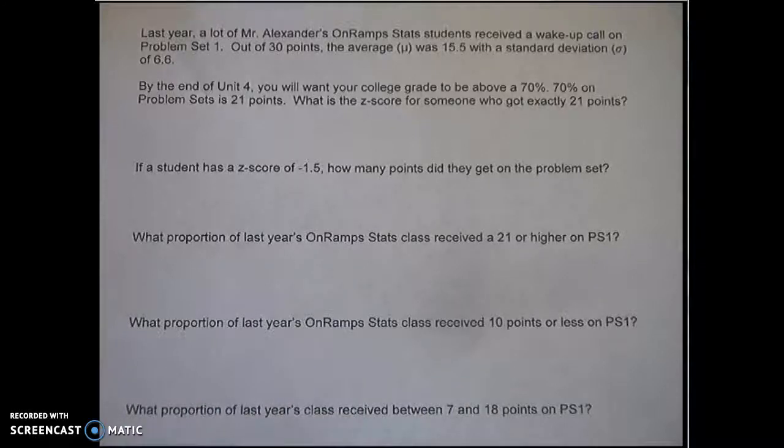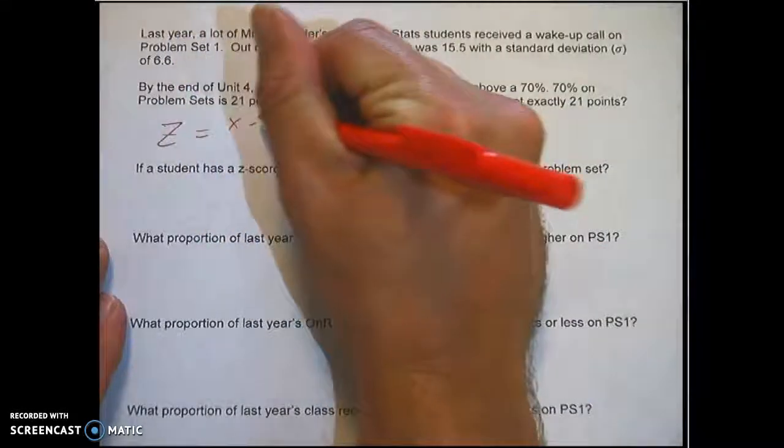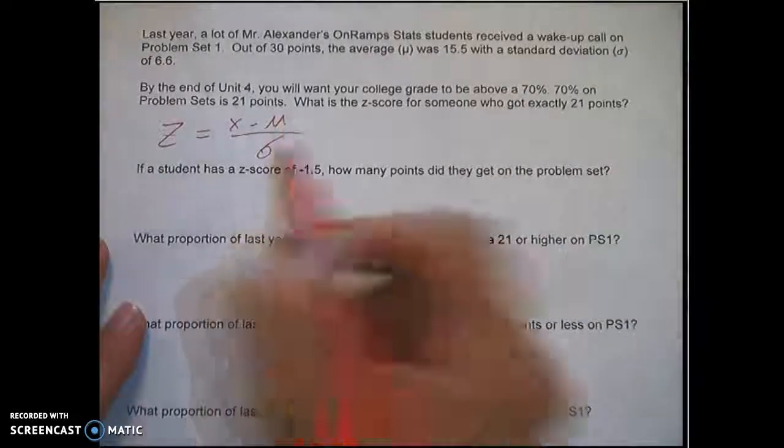By the end of Unit 4, you'll want your college grade to be above a 70%. 70% on problem sets is 21 points. What's the z-score for somebody who got exactly 21 points? Well, z is just x minus mu divided by sigma, mean and standard deviation.